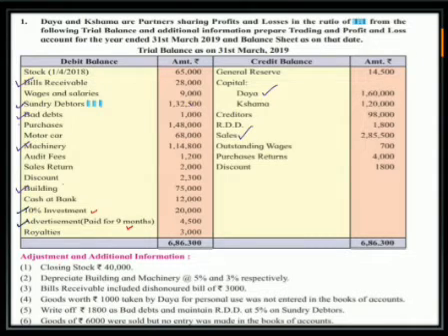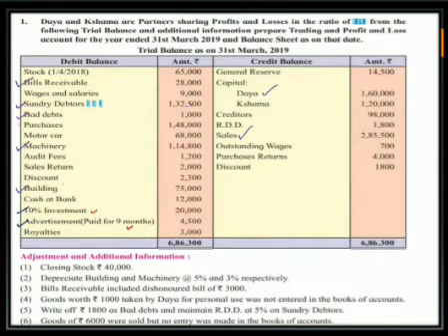Then advertisement paid for 9 months. Here again advertisement is paid only for 9 months, but we have to pay for the 12 months. So that 3 months is nothing but the outstanding expenses. So how we will calculate this 4,500? Because this 4,500 amount is given for the 9 months. So 4,500 divided by 9 into 3, then you will get 1,500.